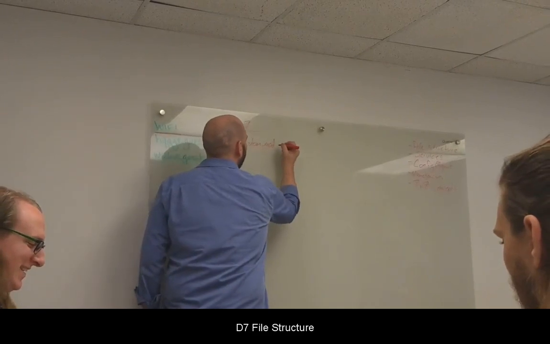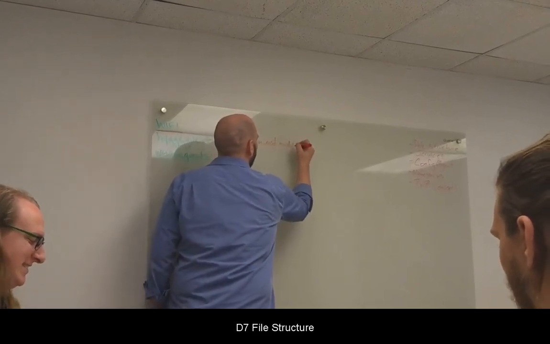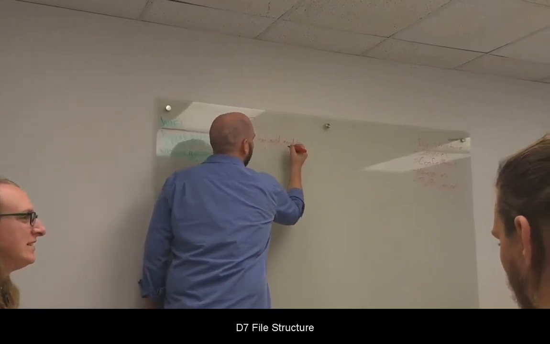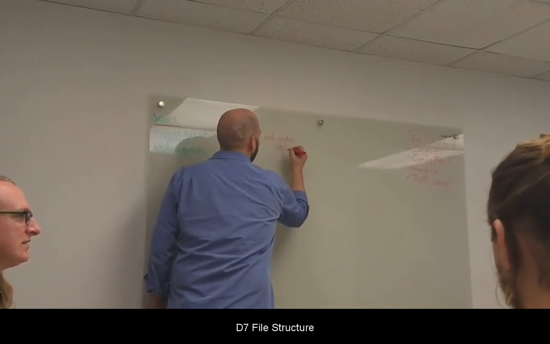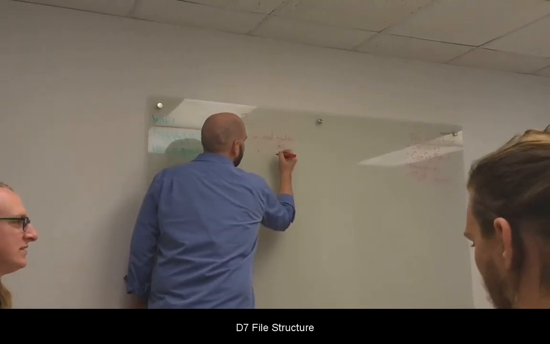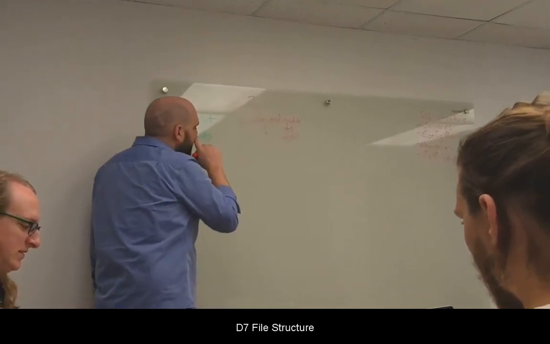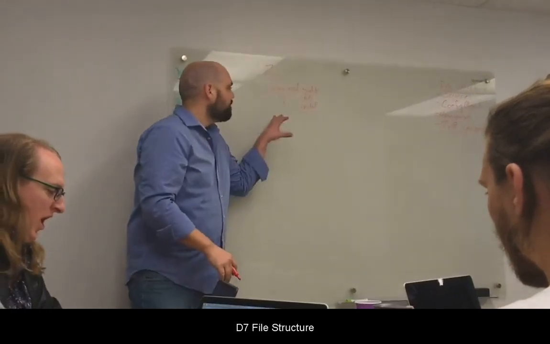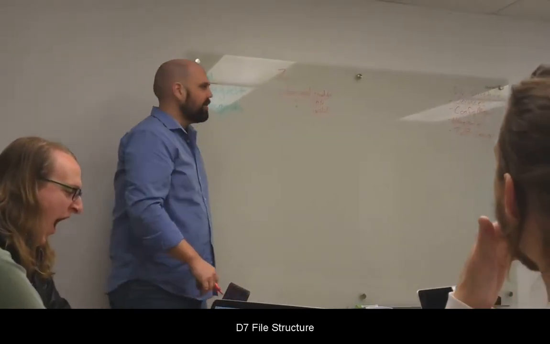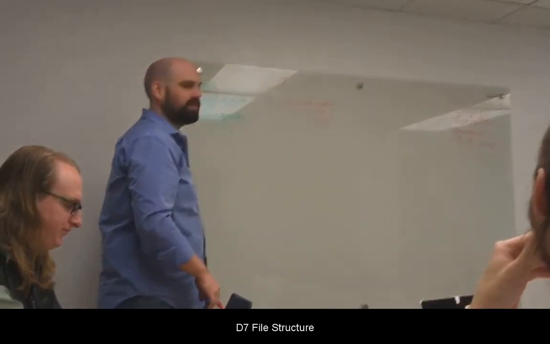We have a .module file, the .info file, and the .install file, which is optional. And then from there it's the Wild West, whatever you want, wherever you want to put your file.